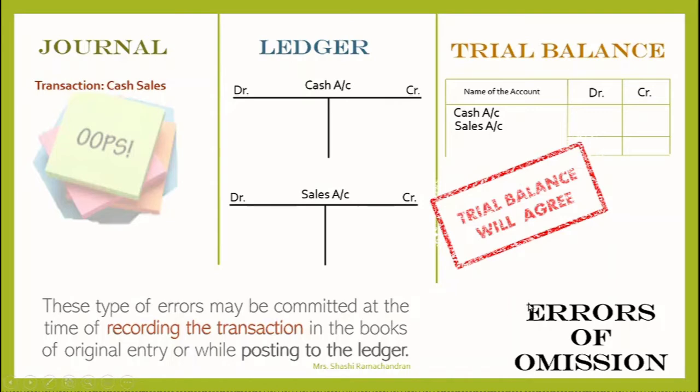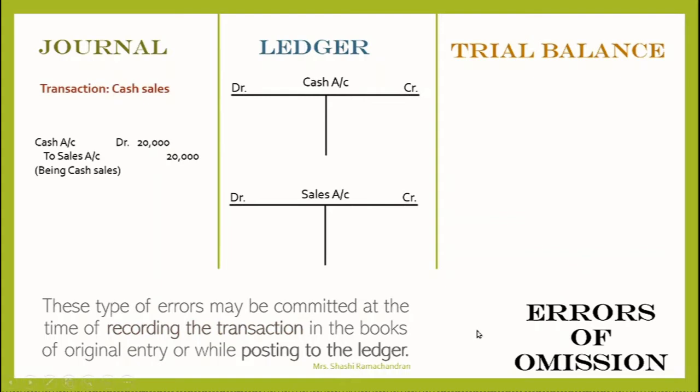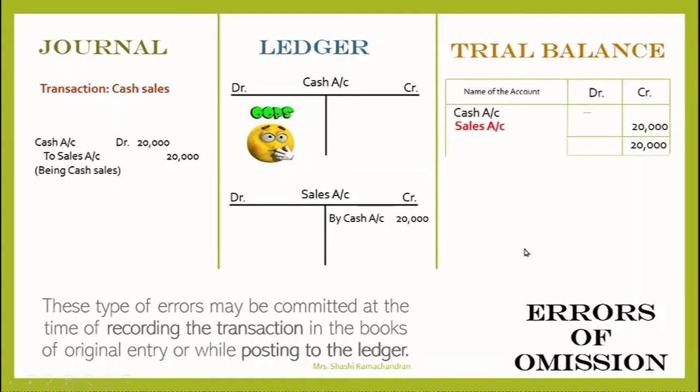Let's see another example of the same type of error, that is error of omission. Now you can see here the transaction is recorded correctly into the journal, but while posting it is missed out to be posted in the cash account. So what will be the effect on the trial balance? Yes, the trial balance shows nil for the cash account and there is an amount on the credit side.